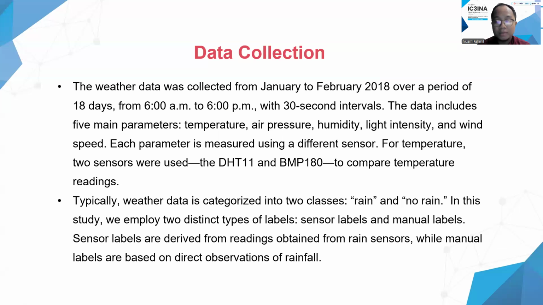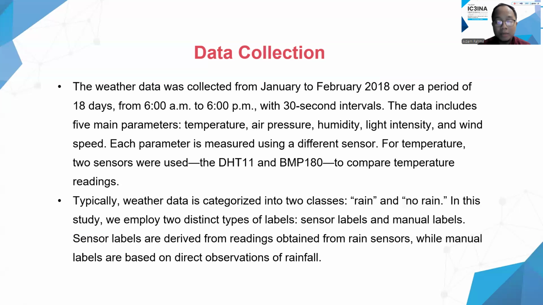Now, each parameter is measured using a different sensor, and for the devices DHT11 and BMP 180, we got the temperature readings, so we can compare between the DHT11 and also BMP 180.